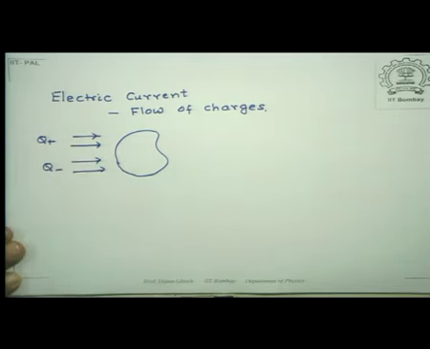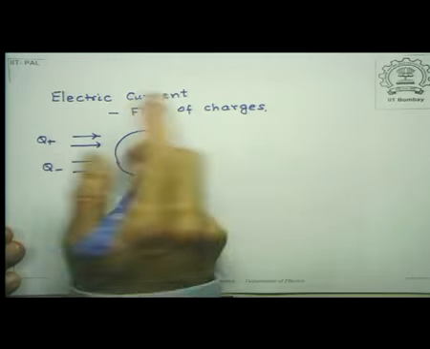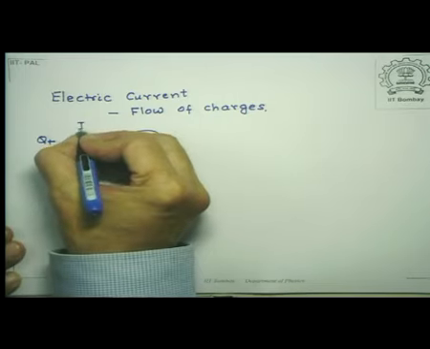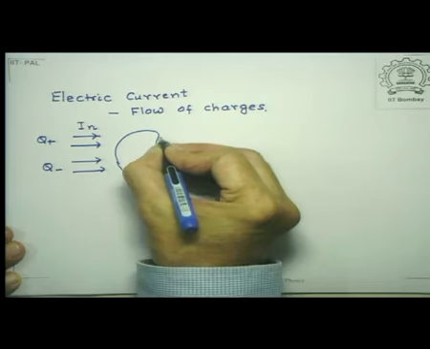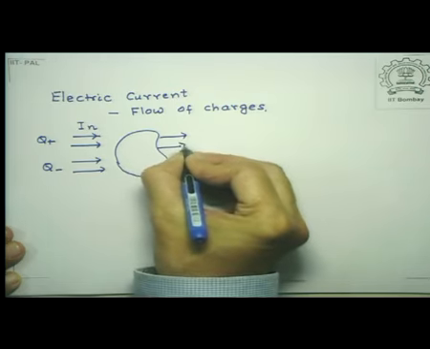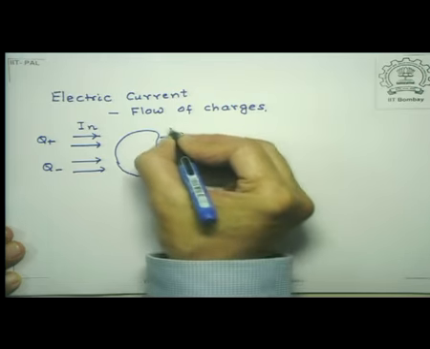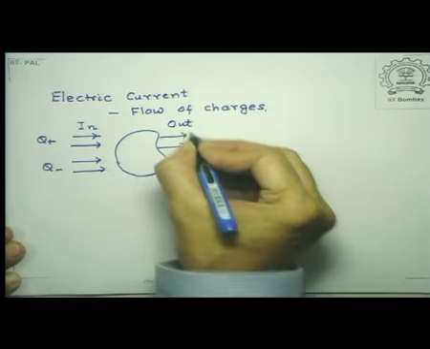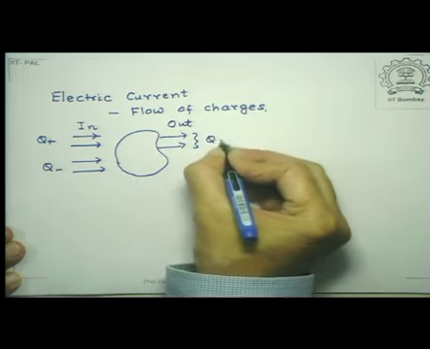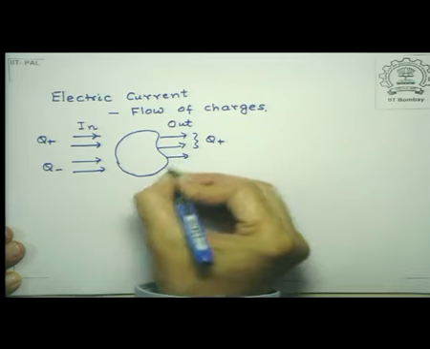Whatever enters that surface comes out, so this is the charge in, and they are coming out on the other side of that surface. So this is my charge out, obviously that is also equal to Q plus, and this is the Q minus.